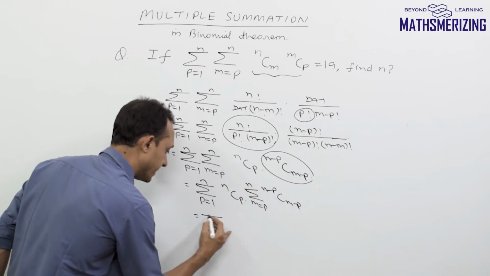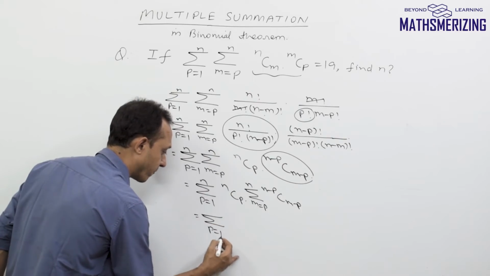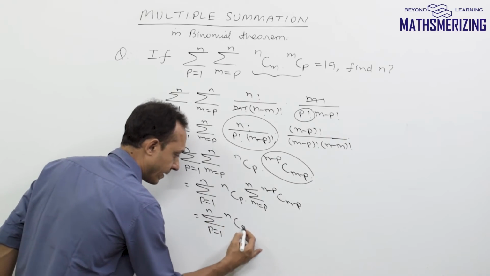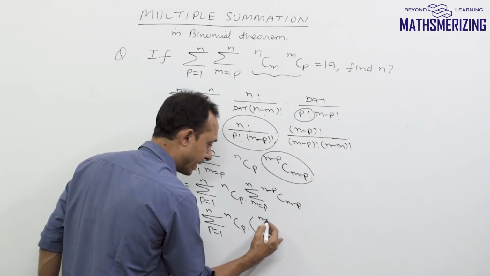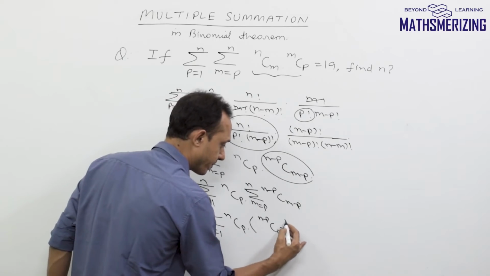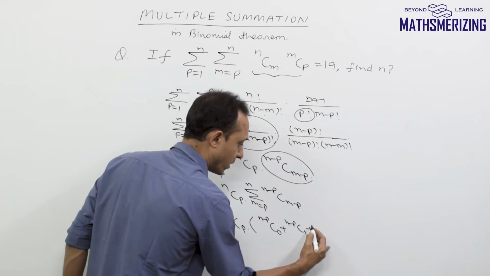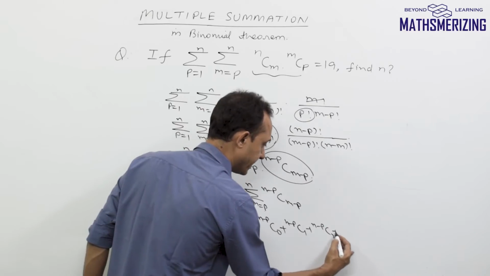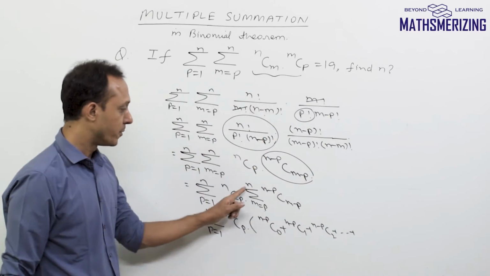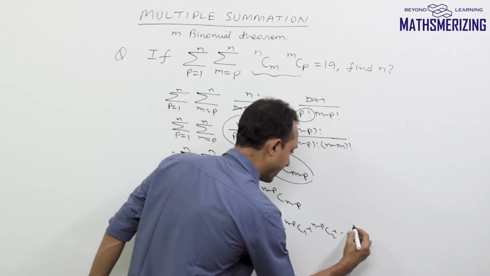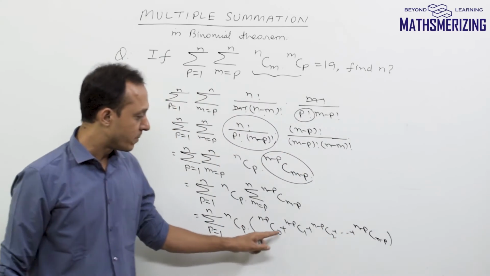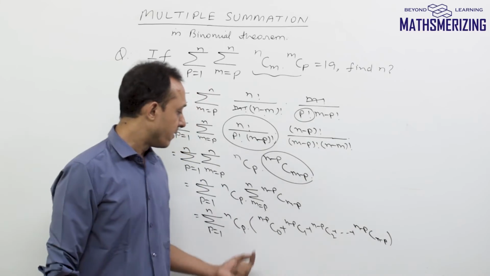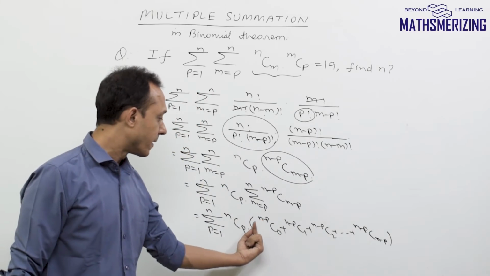If I put the value of m as p, I'll get n minus p C0, n minus p C1, n minus p C2, and it'll continue up to n minus p C n minus p. So which is nC0 plus nC1 plus up to nCn, and which is in fact nothing but 2 to the power n.